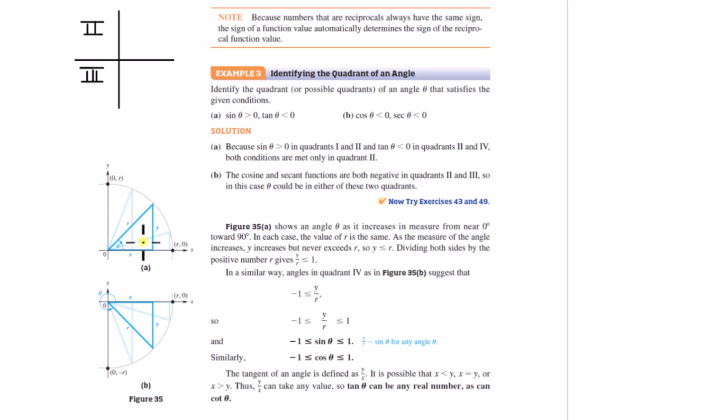R is not changing, but y is getting smaller and smaller, so you go from positive 1 to positive infinity as you approach the horizontal. That's interesting, right? Cosecant, the reciprocal of sine, goes from 1 and approaches positive infinity.